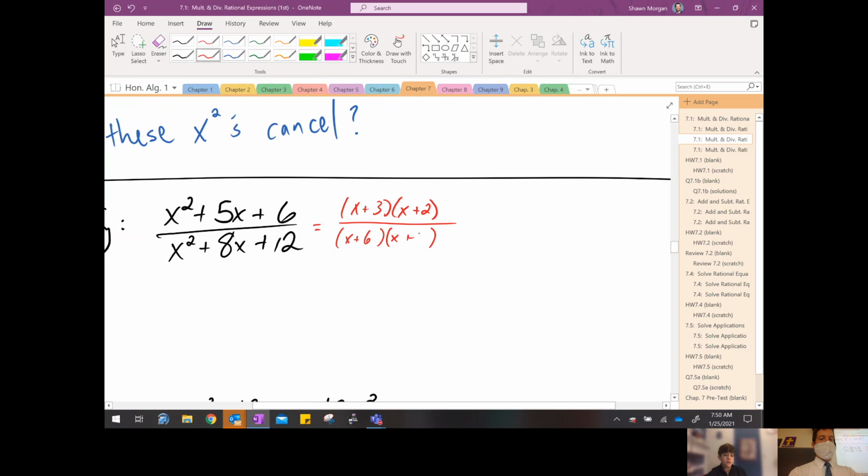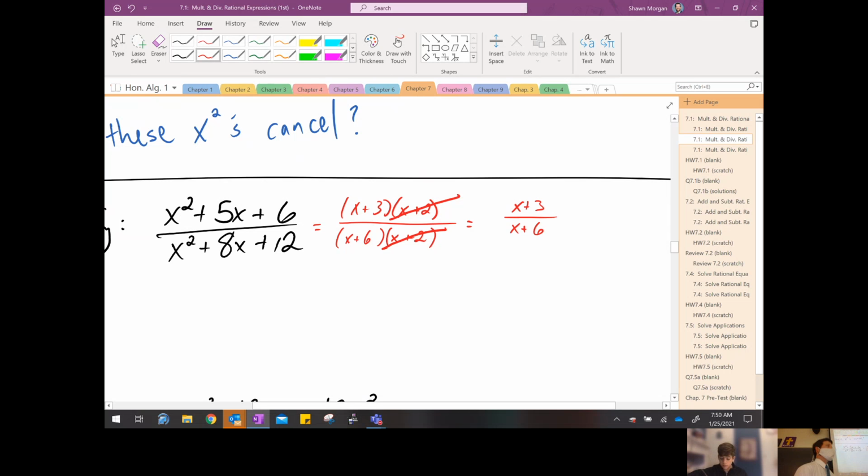X plus 6 and x plus 2. All right, fabulous. Paul, do you notice what I should do now? Because I see x plus 2 on the top and on the bottom as an identical factor, I can now cancel it out. And what's my simplified result? It's x plus 3 over x plus 6.